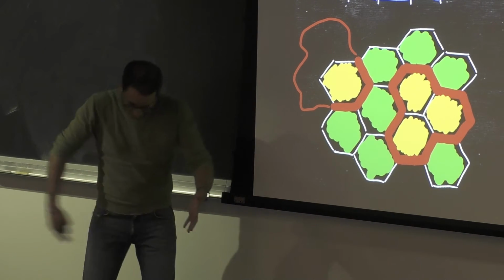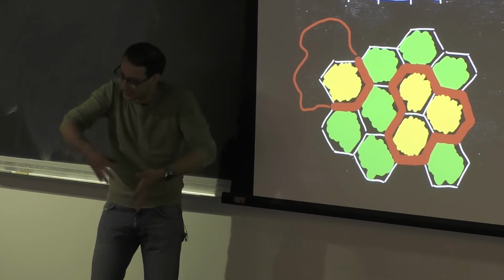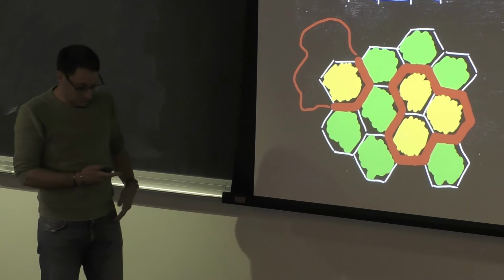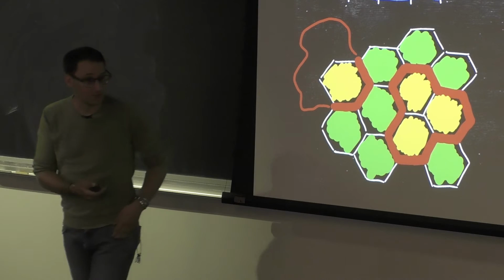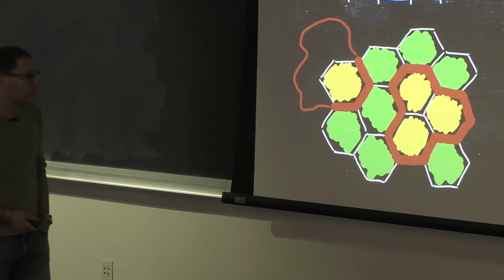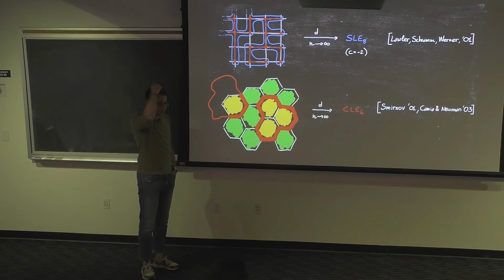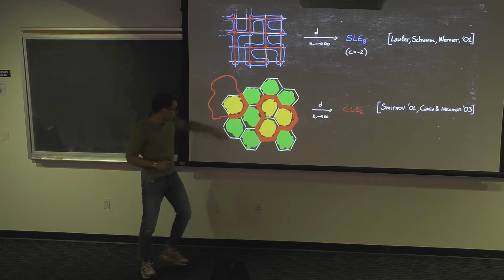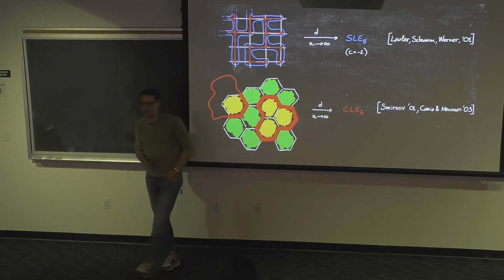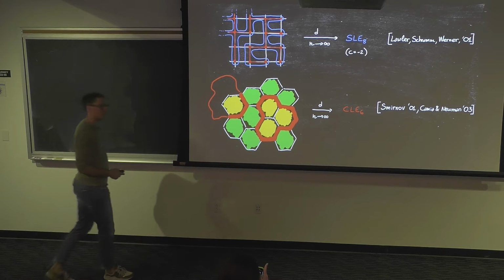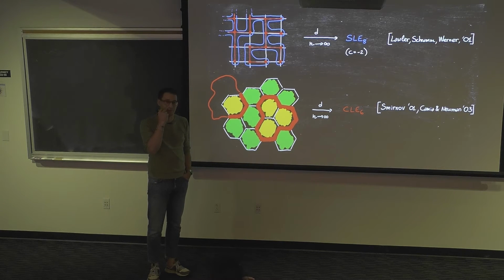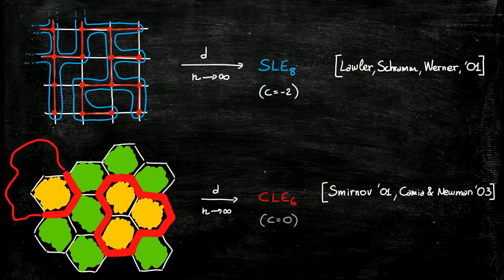And loops can contain other loops because clusters can be one inside the other. You take the scaling limit when the mesh of the lattice goes to 0, and Smirnov proved that in the limit, these loops converge to some random loops. The collection of these random loops is called the conformal loop ensemble of parameter 6. And the central charge here is 0.